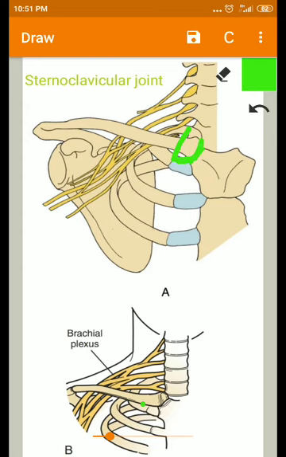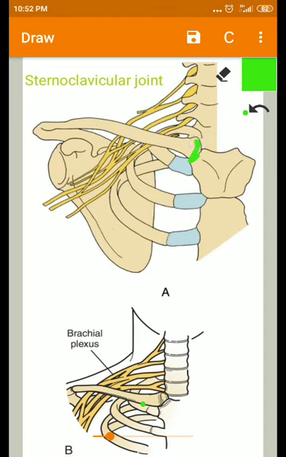So what are the articular surfaces of the sternoclavicular joint? The sternal end of the clavicle articulates with the clavicular notch of the manubrium sterni as well as the first costal cartilage.